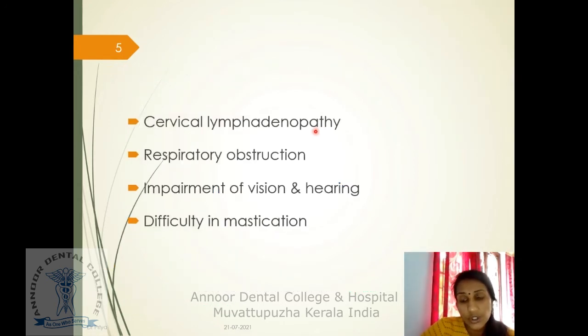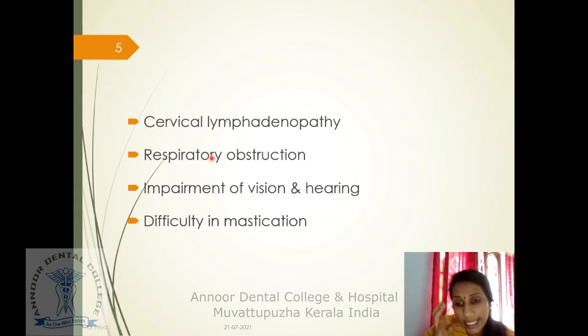Other features which you can see along with the chubbiness of the jaws or the cheeks: you can have cervical lymphadenopathy. Since it's an inflammatory disorder, there is some amount of inflammation happening within the disease. So you will have lymphadenopathy, especially of the cervical lymph nodes. Then respiratory obstruction, because the jaw bones are swollen up.